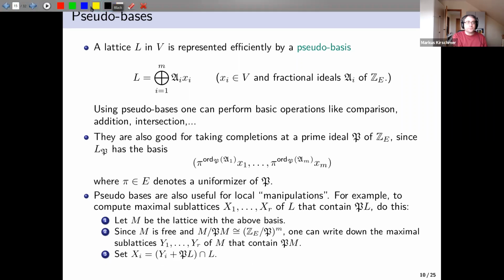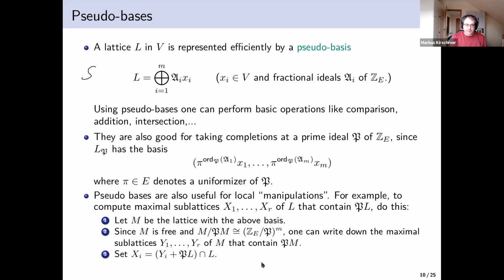And the hope is that it works. So now, what this looks like, here's L, there's Yi, and here's P times L. Now, if you look at this picture and you take the completion at any prime ideal which is different from P, then L_Q and P times L_Q, if you complete this at Q, they coincide.